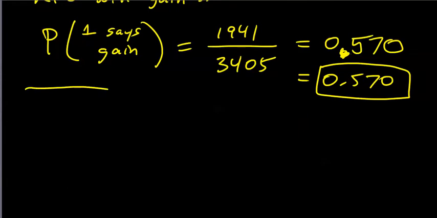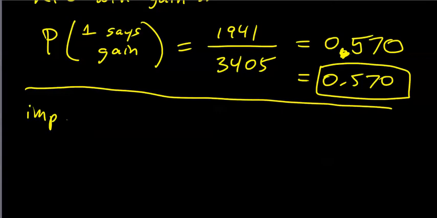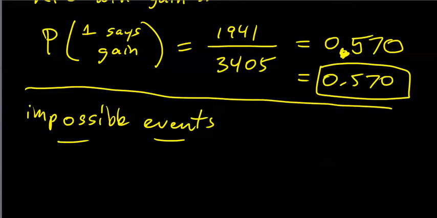A couple more things I want to talk about in this section is impossible events. Impossible events have a probability equal to zero. All right?